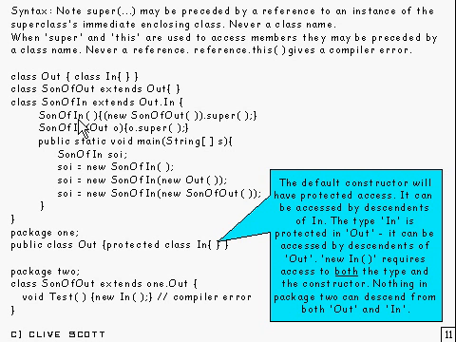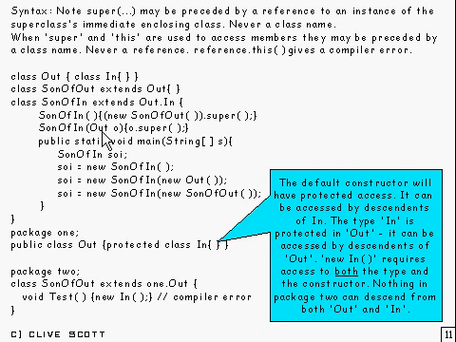And here, for example, is a constructor for son of in, and all it does is pass itself onto the super constructor for out.in, and that's going to require an instance of out. And so it supplies one. You might say, well, that's not an instance of out. Well, it is, because son of out is a subclass of out, so that's perfectly good as an instance of out. So new son of out certainly will work.